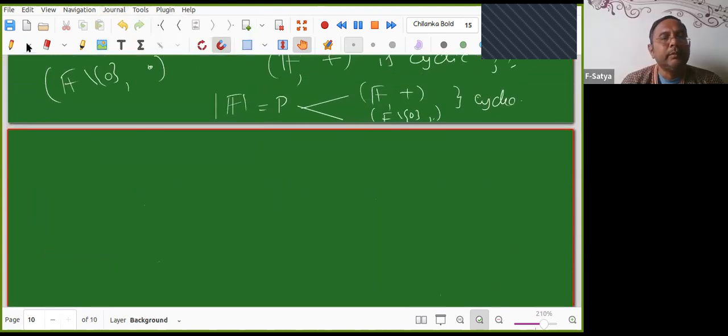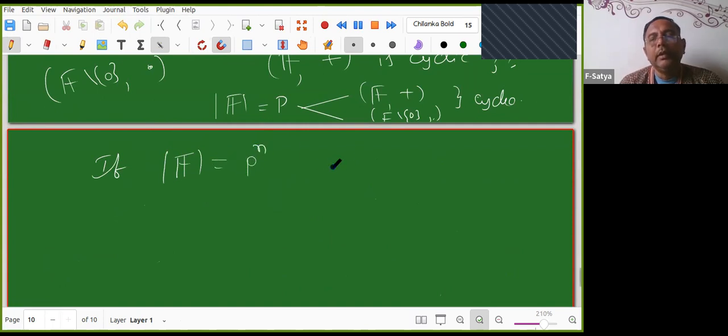But it is isomorphic to what? If the order of F equals p^n, where n is greater than or equal to 2, then F is isomorphic to what? Can you say that?